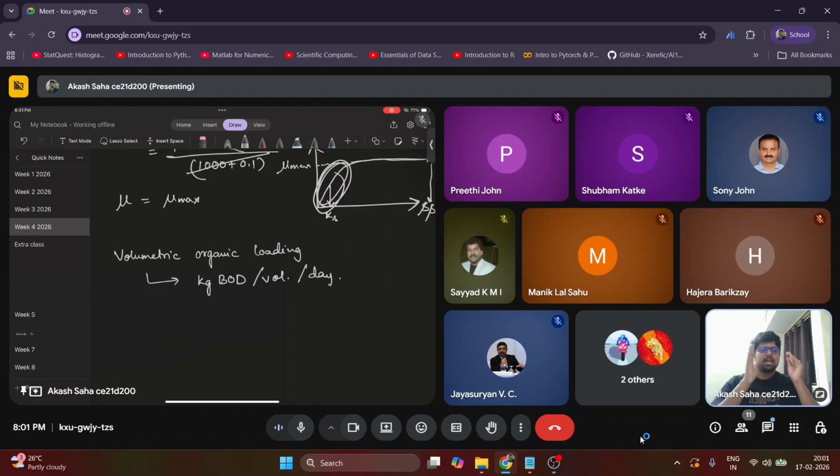We have a tank, and the microbial concentration will have a capacity, right? It won't be able to treat too much organics for a given period of time. So we have to maintain some organic loading coming into the system. That's why volumetric organic loading is very important to maintain inside the reactor.